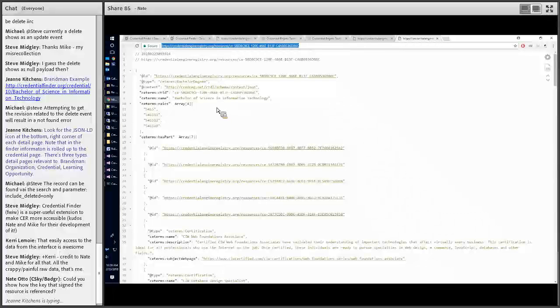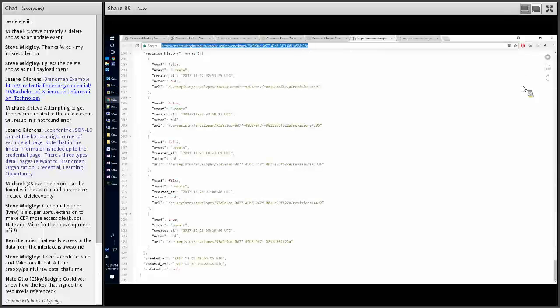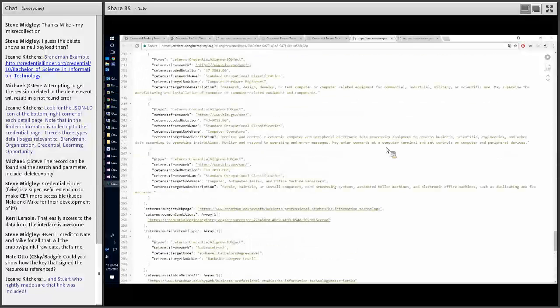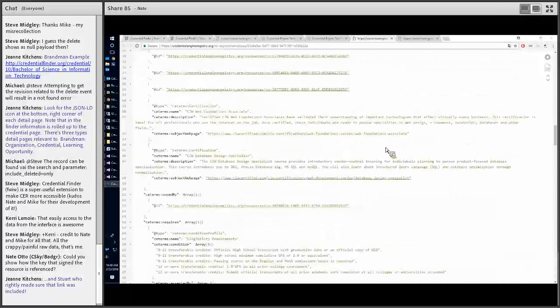Nate, before you go on, can you go back to the envelope URI? Sure. I think Nate Otto is asking where the public key is. So I think you can scroll up and show where the public key is included. It's all the way, I think it's near, it's above the, yeah, it's down here.